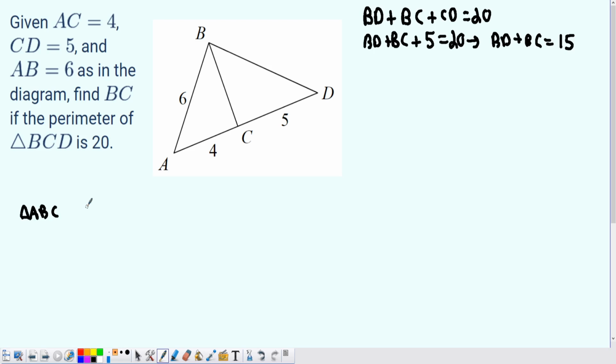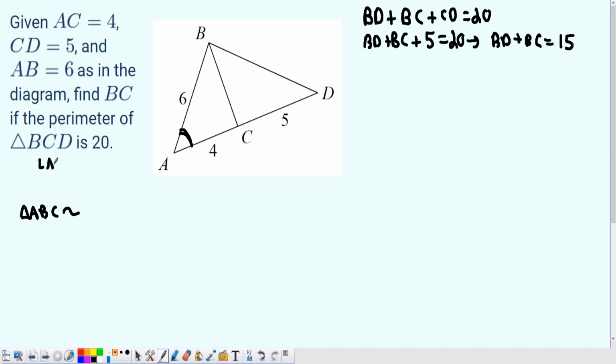But let's take one of the triangles, for example, triangle ABC. Now, can we show that's similar to maybe the greater one, ABD? Well, they do share that angle A. Both ABC and ABD have angle A, so that's a good start.